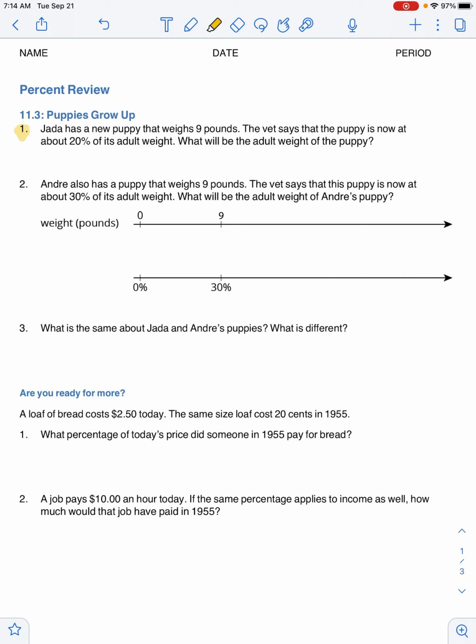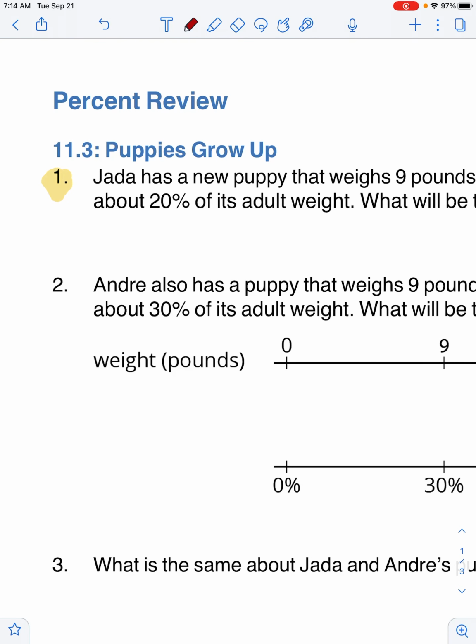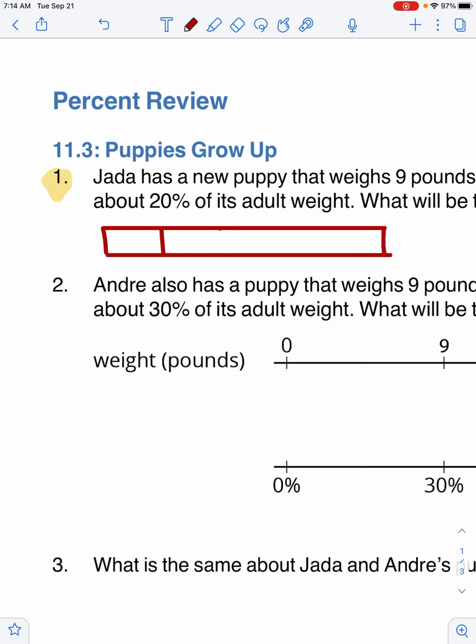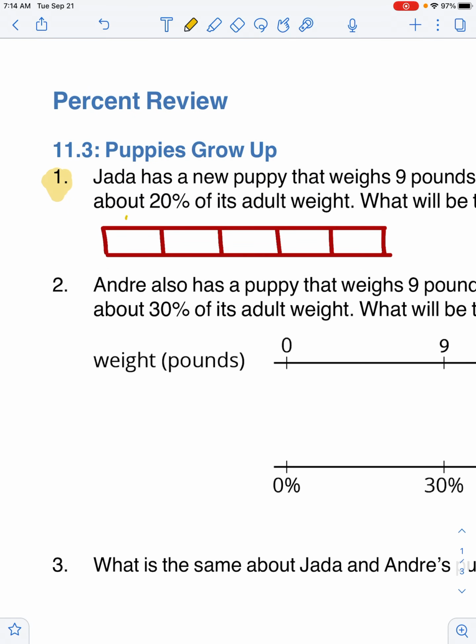So the best way to start thinking about this, for me at least, is to draw it out. I know that this puppy currently weighs 9 pounds, and those 9 pounds are 20% of what it will weigh. So I can think of it as 5 groups. If this entire bar represents 100%, and I split it up into 5 equal-sized pieces, each of these smaller pieces represents 20%.